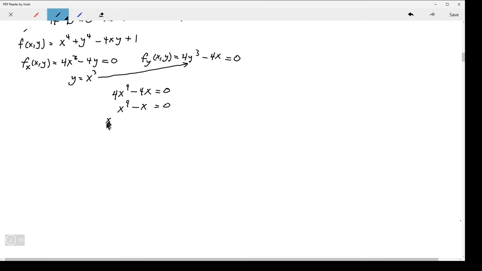Let's see, I can take out an x. I can factor this into x to the fourth minus 1, times x to the fourth plus 1. This one is not going to yield any zeros. It can be factored further, but I'm not going to bother because it's not going to yield any zeros. This one can: x squared minus 1 times x squared plus 1.